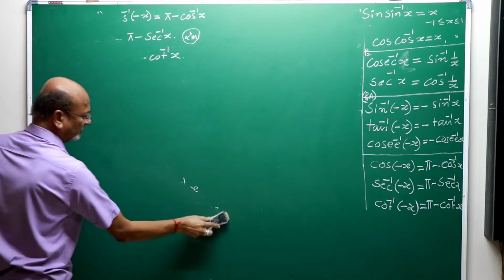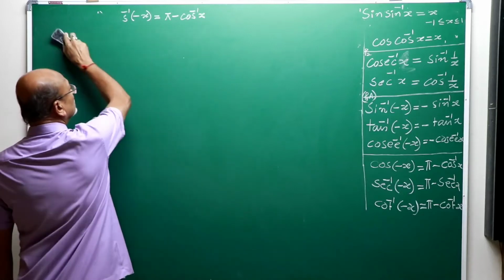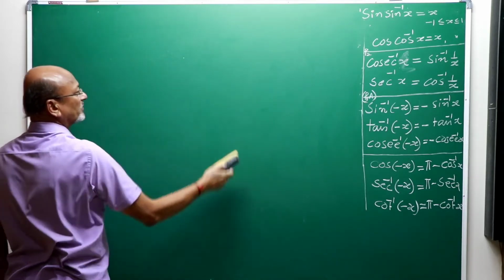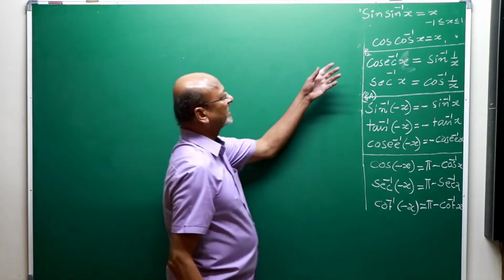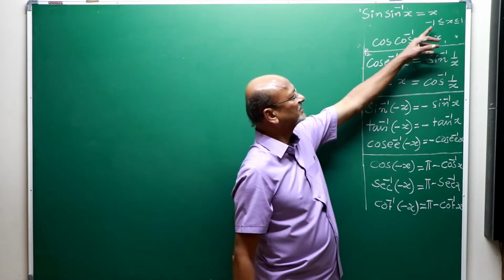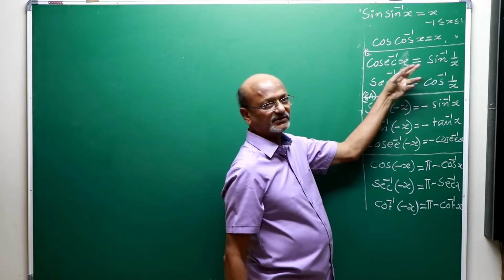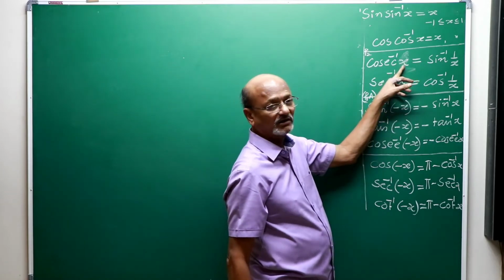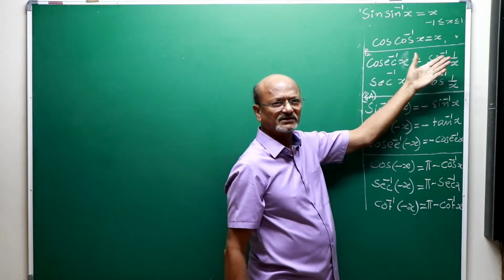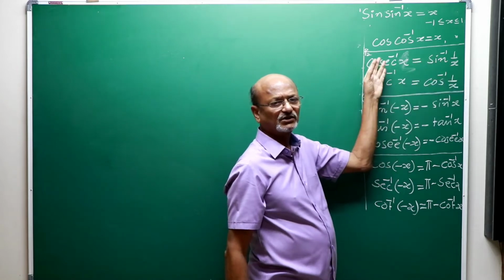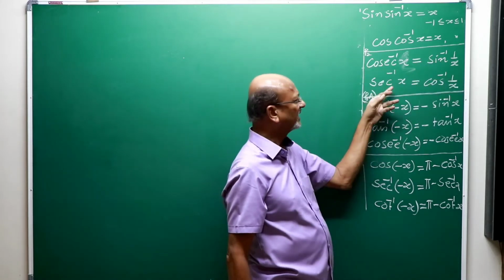Then I will do examples based on these properties. These properties mean C: sine of sine inverse x is x. This domain you must remember. And cosec inverse x is sine inverse of the reciprocal, so x becomes 1 by x. Sine inverse x is cosec inverse 1 by x. Like that.